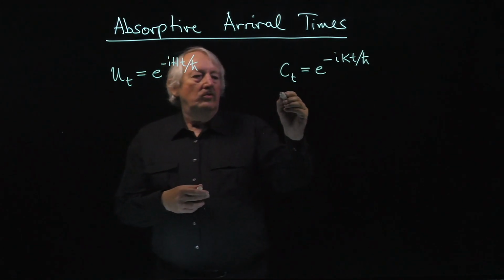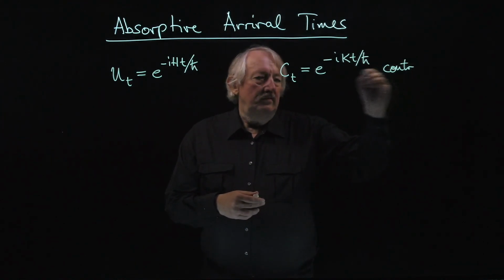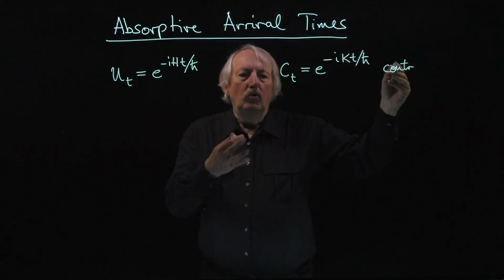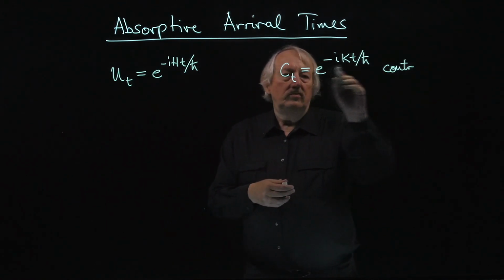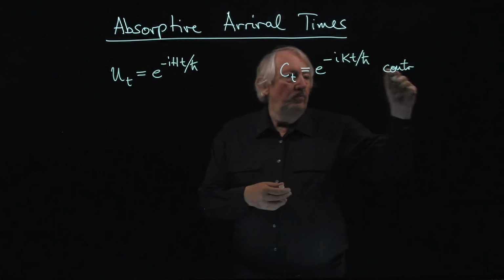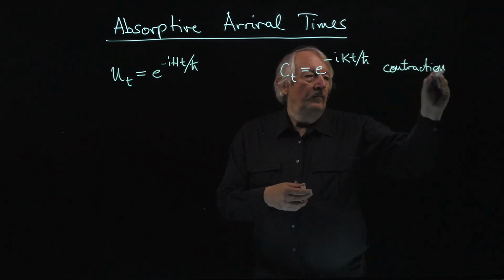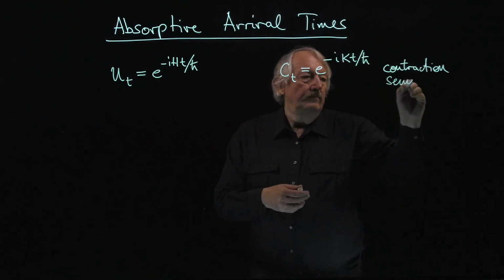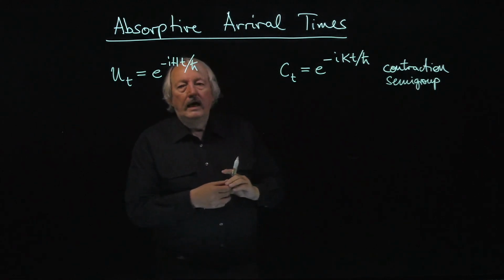And so this is a contraction semigroup. Each C_t is an operator of norm less than 1, which is also called a contraction. So this is of course also a semigroup, a semigroup of contractions.